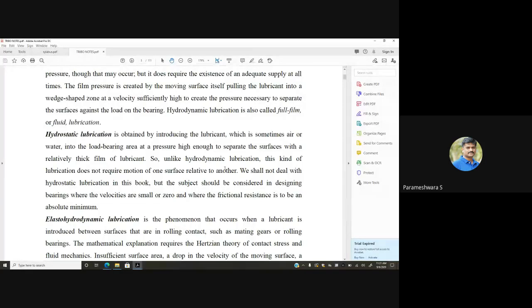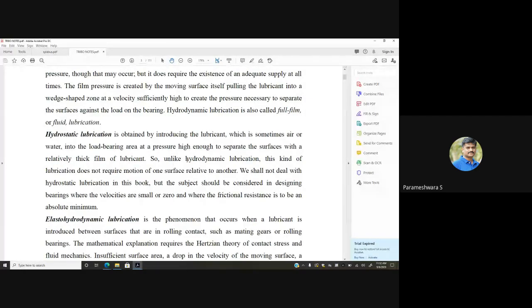Hydrostatic lubrication is obtained by introducing a lubricant, which can sometimes be air or water or some liquid lubricants, into the load bearing area at a pressure. This is very important: at a pressure high enough to separate the surfaces with a relatively thick lubricant film, so that the journal is lifted.